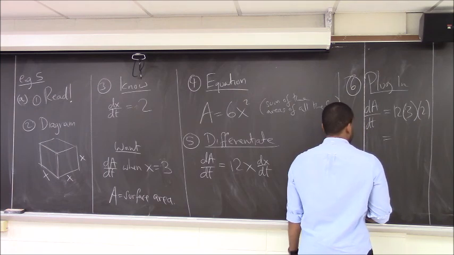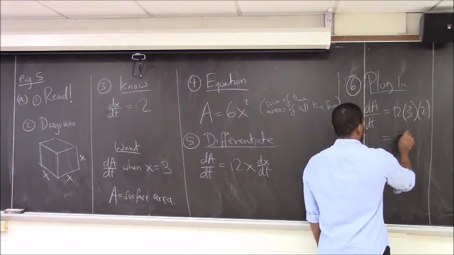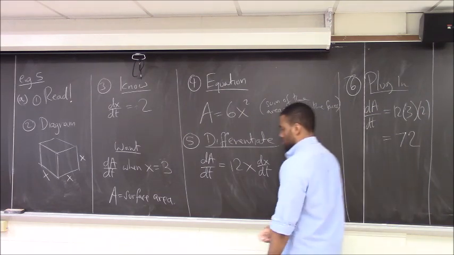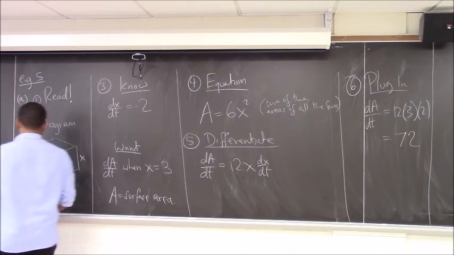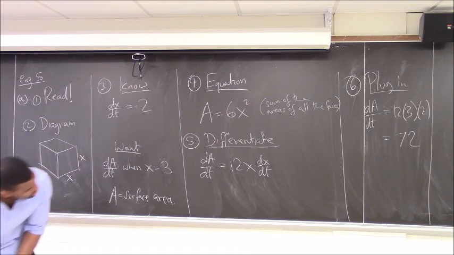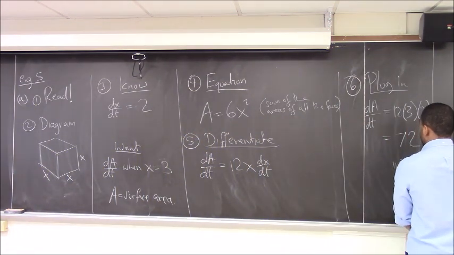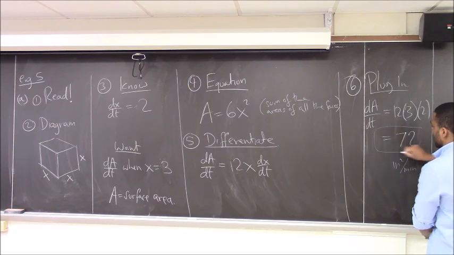So what's that? 72. And let's see, it's inches per minute. So technically this is inches squared per minute, but the answer is 72.